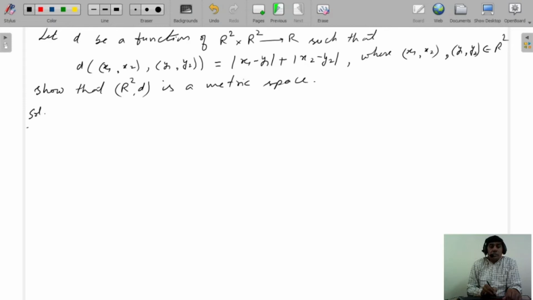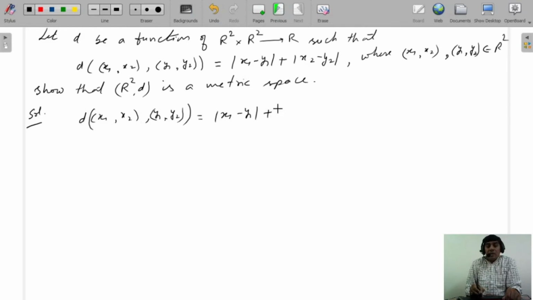Solution. d((x1, x2), (y1, y2)) is equal to modulus of x1 minus y1 plus modulus of x2 minus y2 by the definition of the metric d.